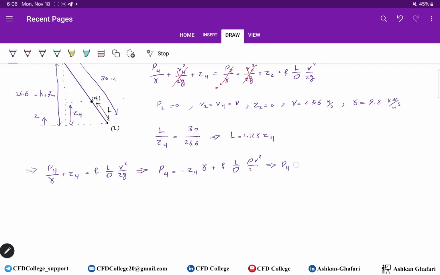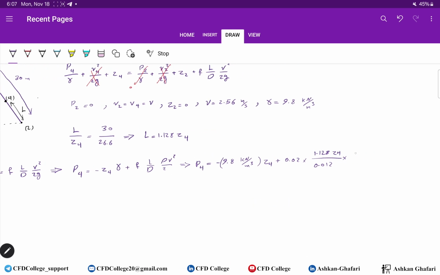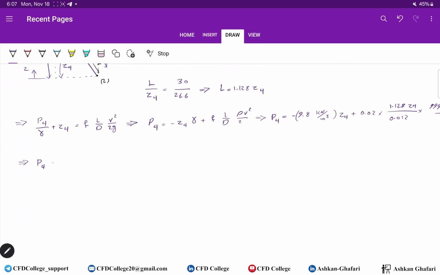So P4 equals minus 9.8 kilonewton per cubic meters times Z4 plus F 0.02 L, which is 1.128 Z4, over D, diameter 0.012, times rho 999 kilograms per cubic meter times velocity square over 2. So P4 equals minus 3650 Z4.